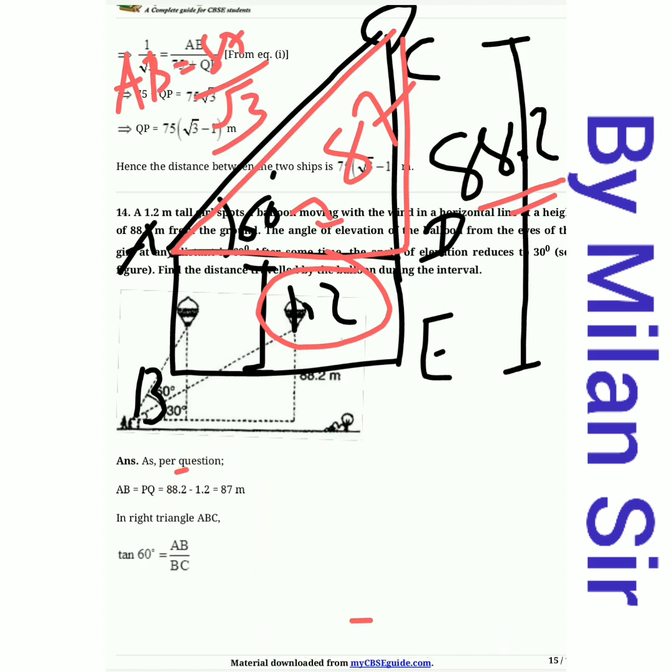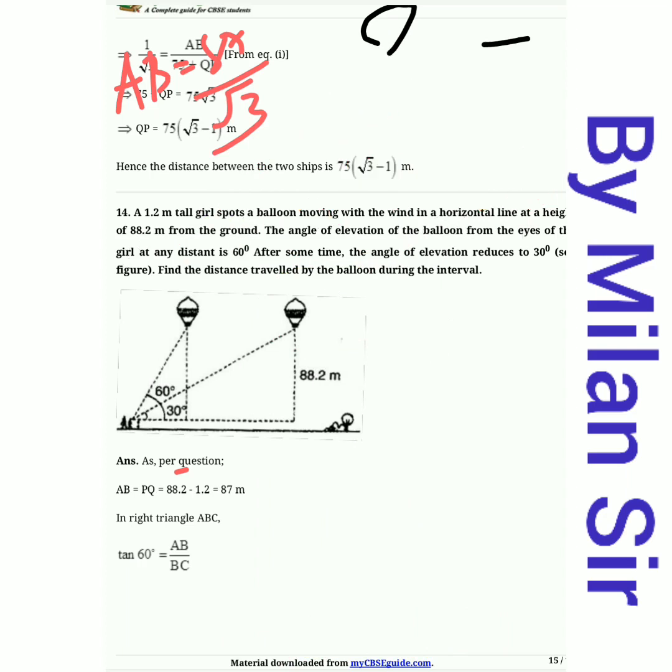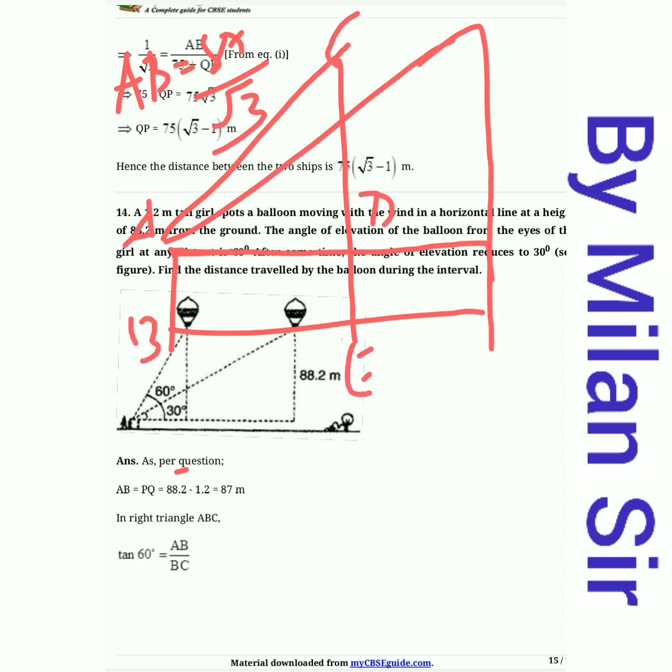Okay, now second triangle. So first of all, our whole figure is like this. A, B, here C, D, E, F, G and H. We need to find CF, but here we try to find DG. Now how can we find DG?